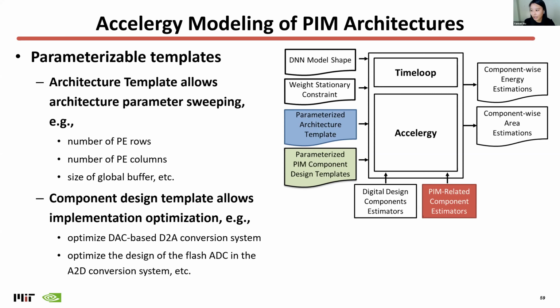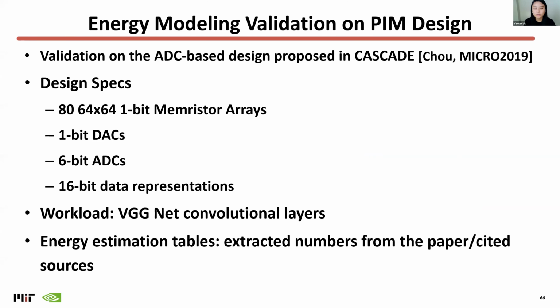And of course, we have open sourced a very simple set of processing-in-memory component estimators as a plugin to support our example design. Then we try to validate our energy modeling of this processing-in-memory-based design. We validated on the ADC-based design proposed in Cascade. In terms of design specs, we have 80 64 by 64 1-bit memory arrays.